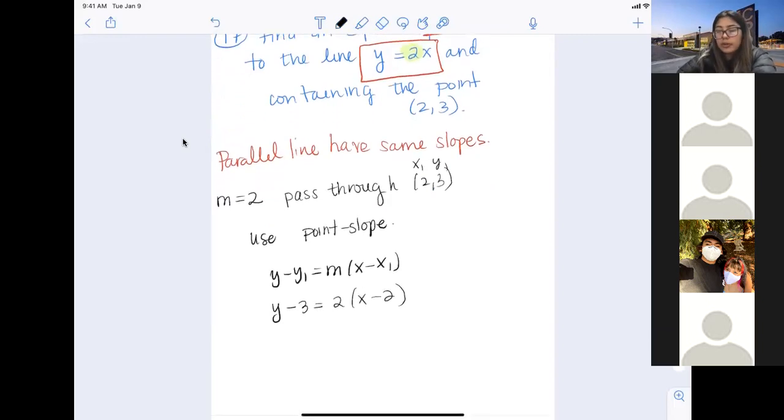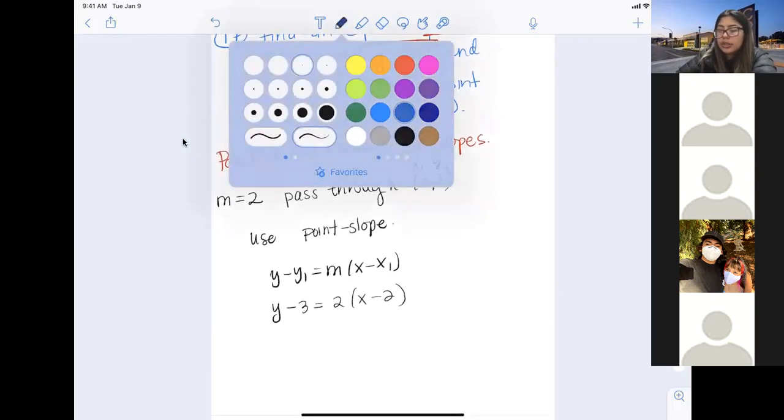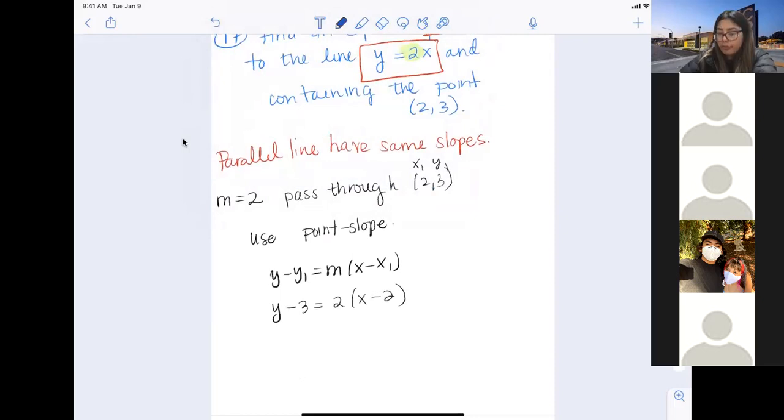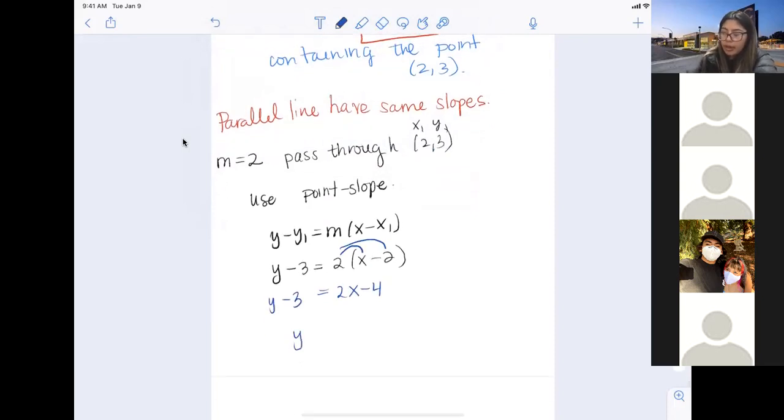And you change this to slope-intercept form. You distribute the 2, you get 2x minus 4, and y minus 3. You solve for y. You add 3 to both sides and you get 2x minus 1. And this is the equation parallel to the one given.